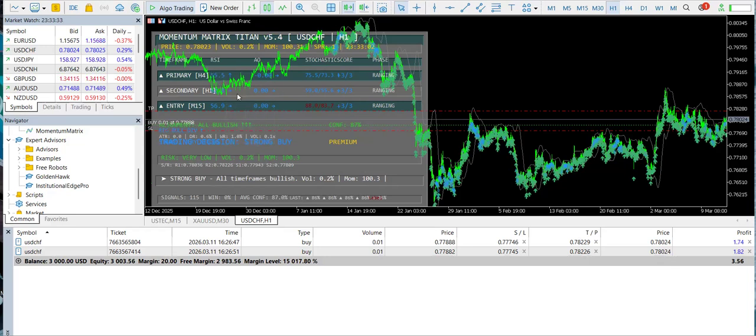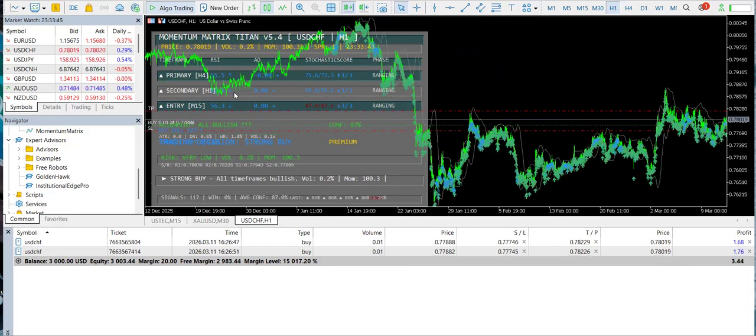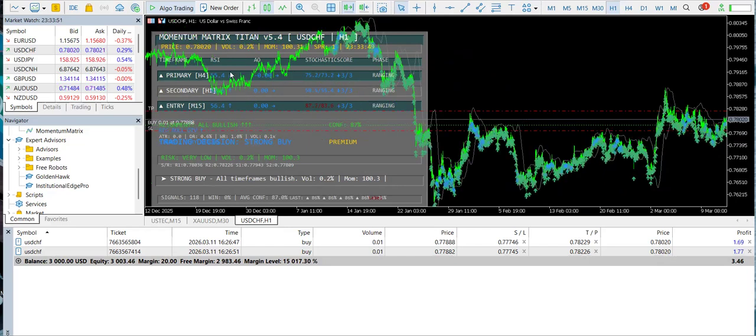So after that, if you come here on the secondary time frame, this arrow is changing. But if the 4 hour time frame is pointing down, it has changed.